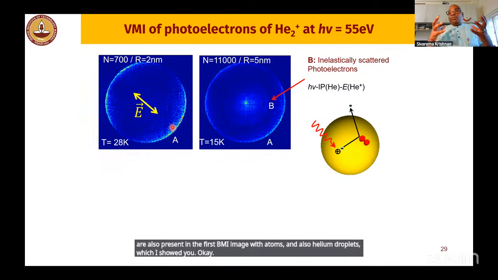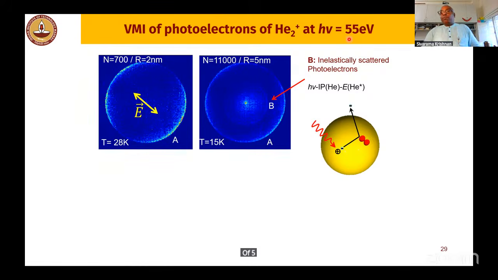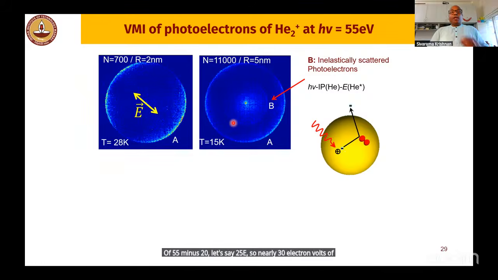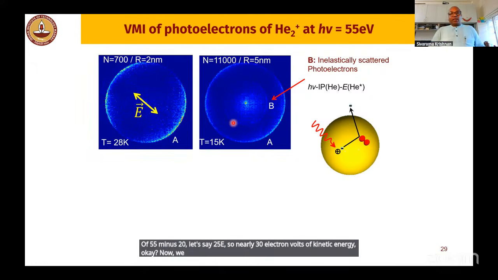This tells me that most of the electrons are coming out with a kinetic energy of 55 minus 20, let's say 25 eV, so nearly 30 electron volts of kinetic energy. Now we increase the cluster size to 5 nanometers, and these 5 nanometer clusters contain about 11,000 helium atoms.